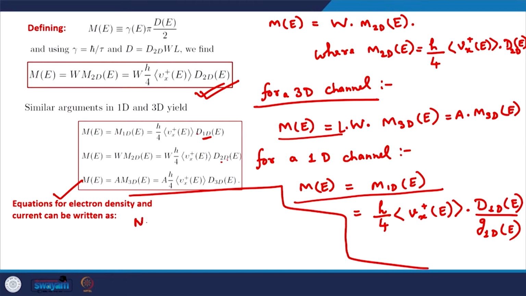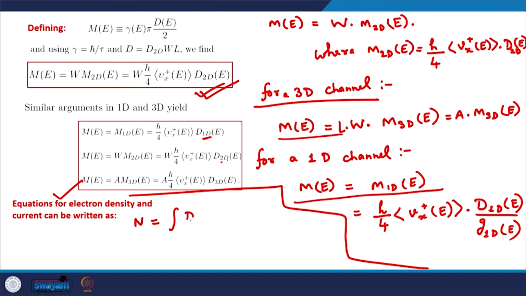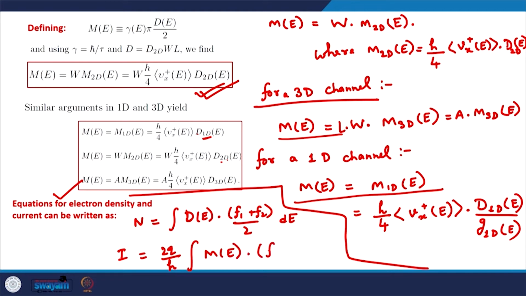So finally, the way we can sum it up is that the electron density in the device in equilibrium, or the total number of electrons in the device in equilibrium, can be written as the integral of D(E) times (F1 plus F2)/2 dE, where D(E) is the number of electronic states per unit energy in the channel, and the current can be written as the constant 2q/h times the integration over M(E) times (F1 minus F2) dE, where we now know explicitly the forms of D(E) and M(E).